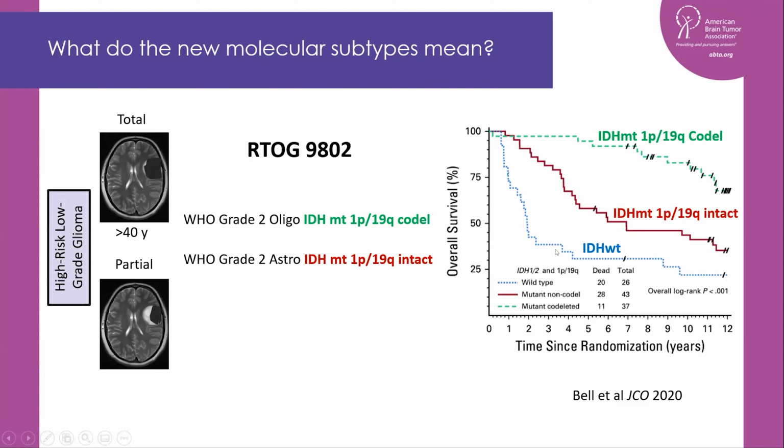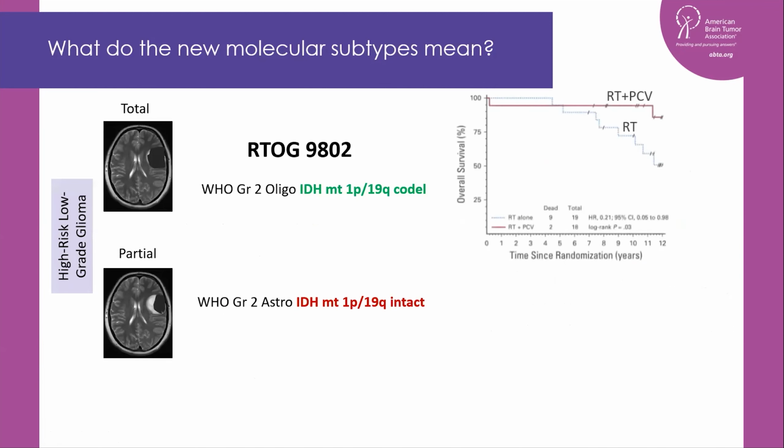And certainly that is much better than the IDH wild type, which is in the glioblastoma, the grade 4 type of range. Even so, there are long-term survivors. So the fact that you have this or this doesn't necessarily mean anything individually. You could be here living a long time. So that is the thing that we have to keep an eye on.